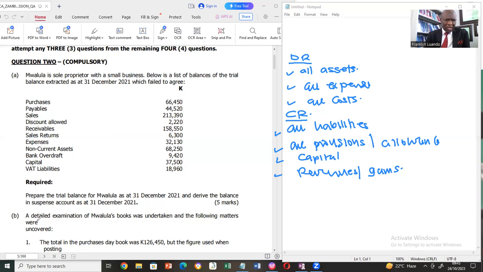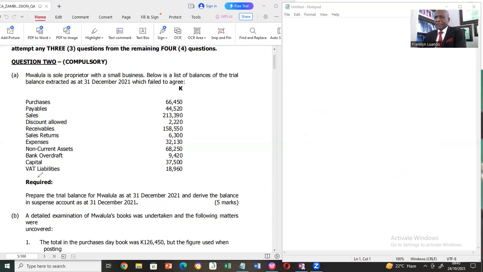So we go by the rules. So we have here now the trial balance. The trial balance here, we have the debit, and we have the credit.